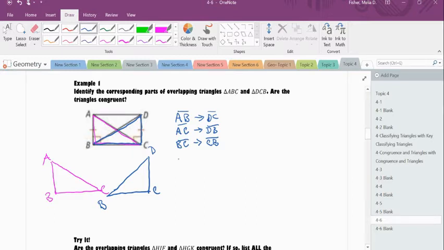So we have angle ABC corresponding to angle DCB.